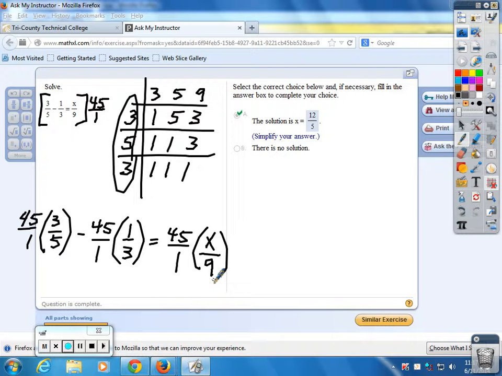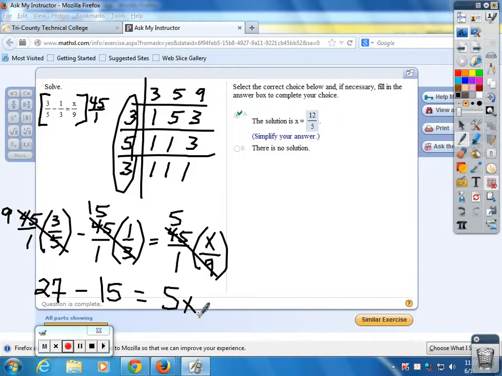And what happens with the 45 and the 5? And 9 times 3 is 27, minus 45 and 3, 15, is equal to 5x.